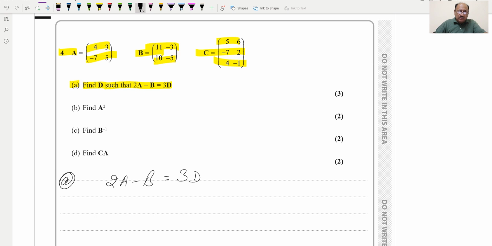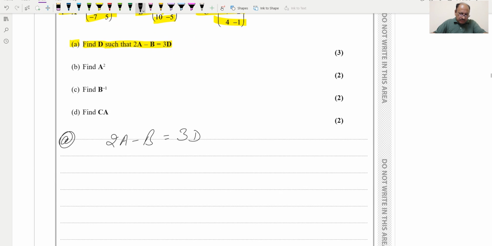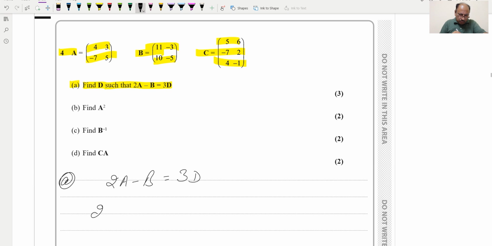This is the equation given. Now we will be replacing the A and B values. 2 into the A matrix is this, we can copy, and minus B is 11, 10, minus 3 and minus 4, and this is equal to 3D.